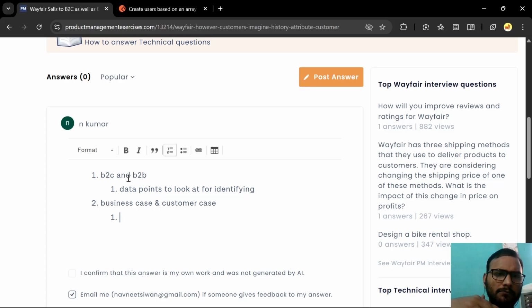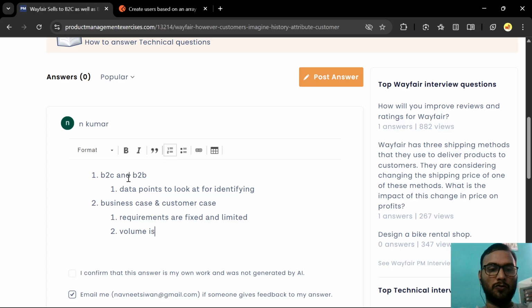Then we will move into finding out which data point we require. So the requirements are fixed and limited, and volume, if I can think about volume, is generally small.